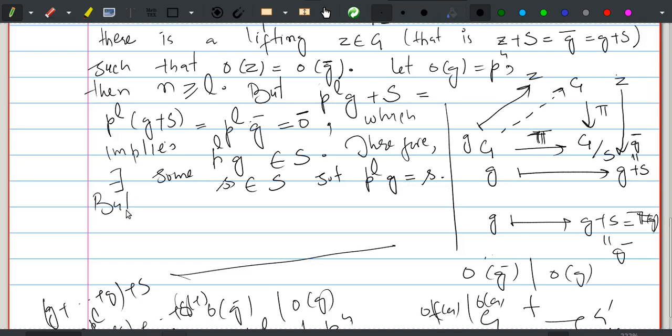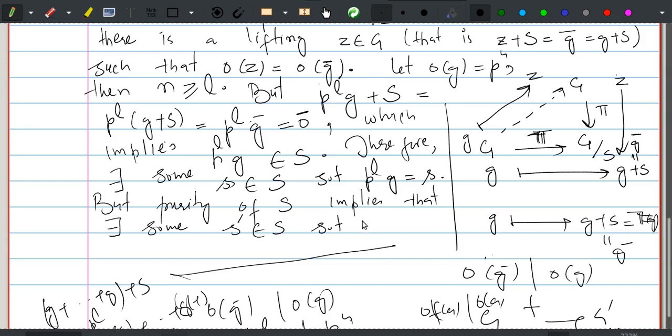Purity of S implies that there exists some S prime in S such that p power L G is p power L S prime. So we are done halfway.